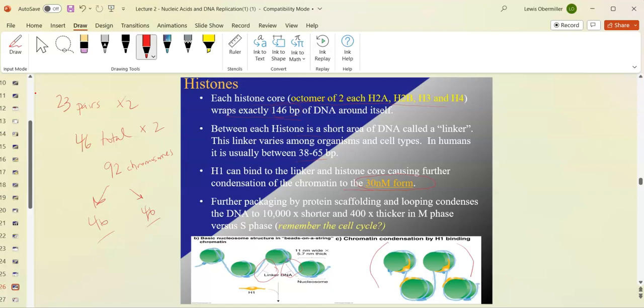In the M phase, just to remind you, hopefully this is a review. So we do cell cycle phases, and I think we'll go over this again, but we have S phase and then G1, G0, M, which stands for mitosis and meiosis, and then G2 phase.